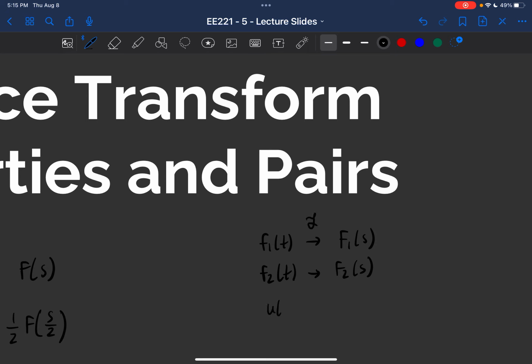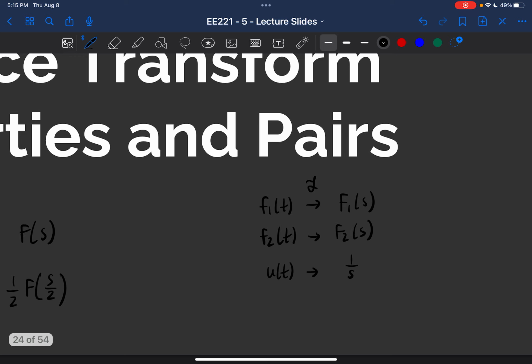For example, we already saw that u of t becomes 1 over s in the S domain. Okay, so a function u of t, when we take the Laplace transform of that, becomes 1 over s. We already saw that the cosine of omega t times u of t becomes s over s squared plus omega squared in the S domain. These are examples of pairs, okay?